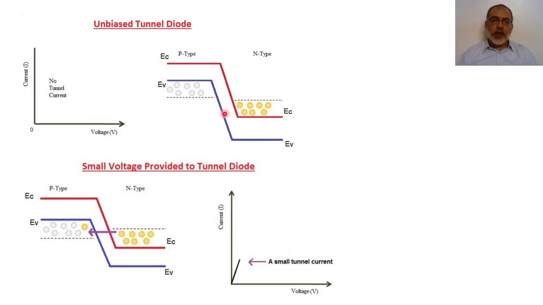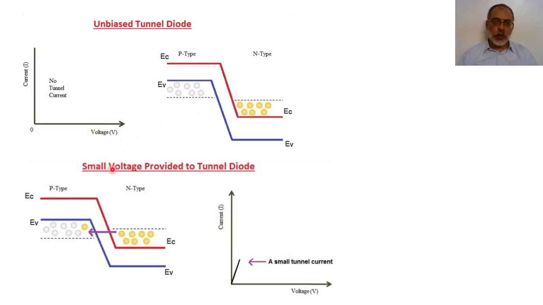Effectively, this is a very narrow band gap. So if I have sufficient energy, the electrons can be transferred from the conduction band of the N-type piece to the valence band of the P-type piece. That's what we are calling tunneling electrons.